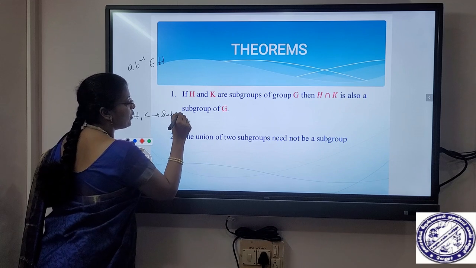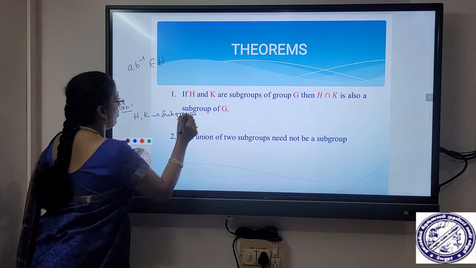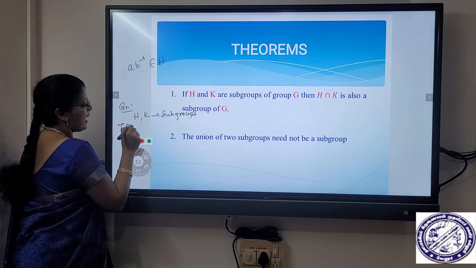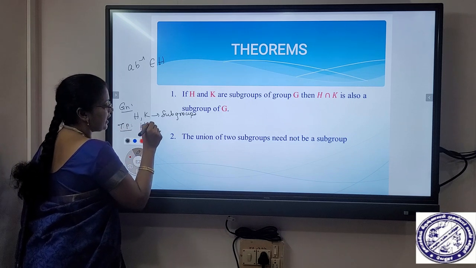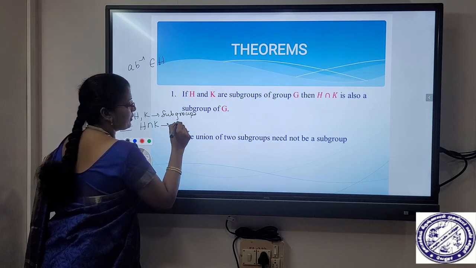What we have to prove is H intersection K is a subgroup.